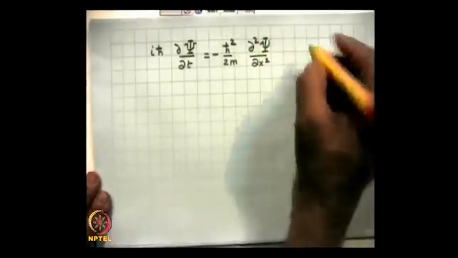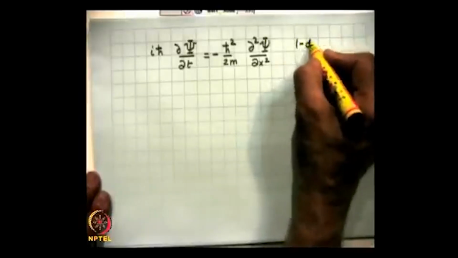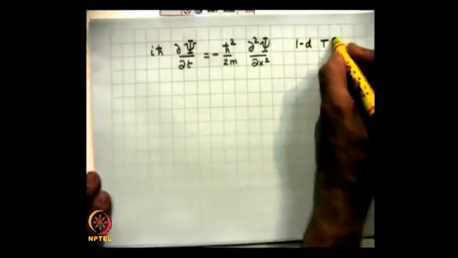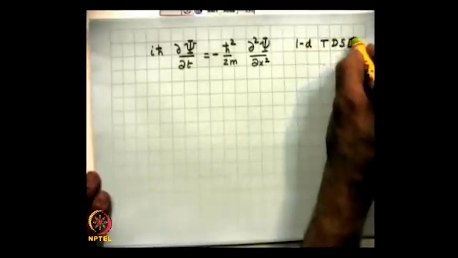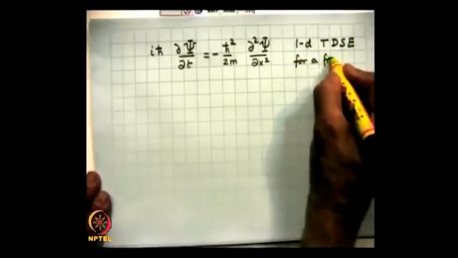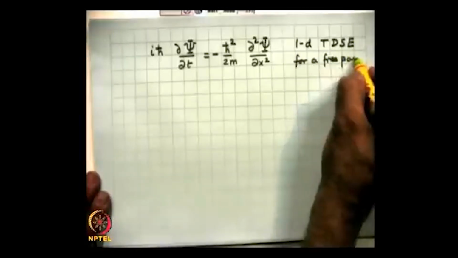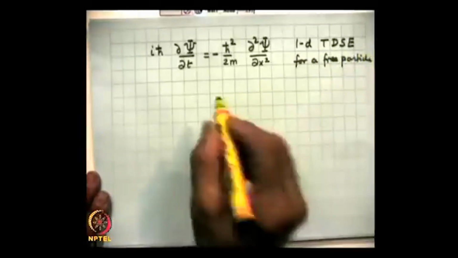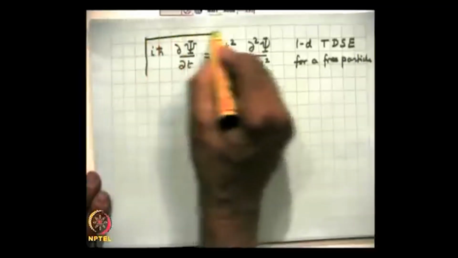This equation is known as the one dimensional time dependent Schrodinger equation for a free particle. We will solve this equation.